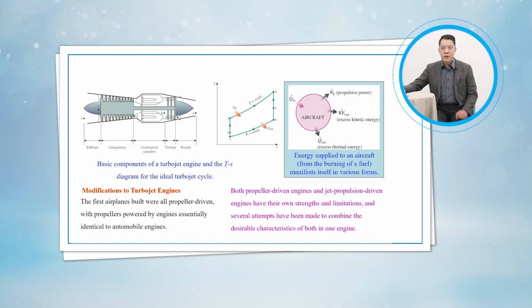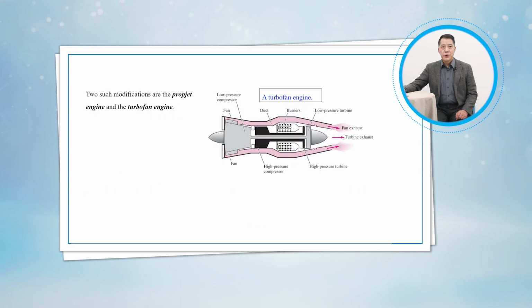Both propeller-driven engines and jet-propulsion-driven engines have their own strengths and limitations, and several attempts have been made to combine the desirable characteristics of both in one engine. Two such modifications are the prop jet engine and the turbofan engine.